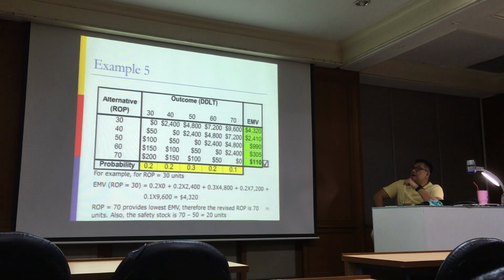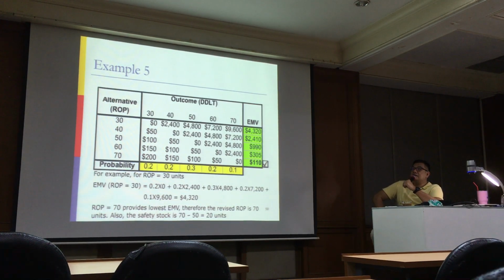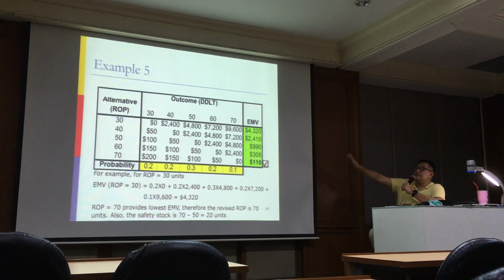You can see that it's different, right? Different from the reorder point of the previous model, because on that model we don't have any safety stock. But for this case, when we perform the calculation as decision making under risk, we have the reorder point to be 70.